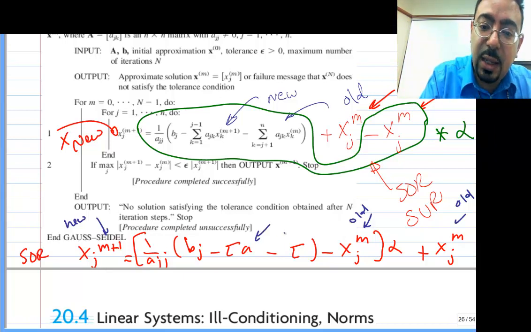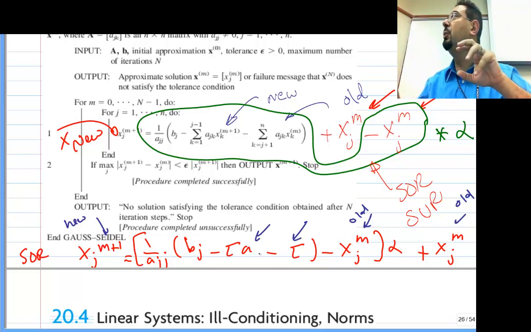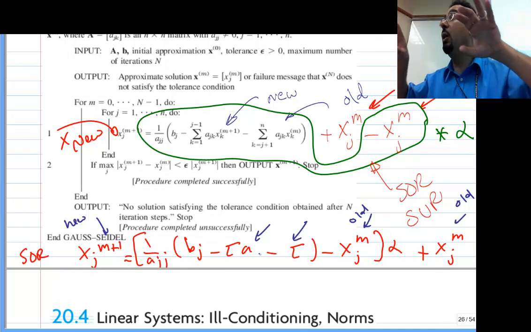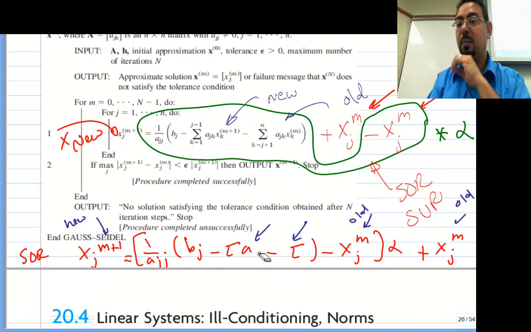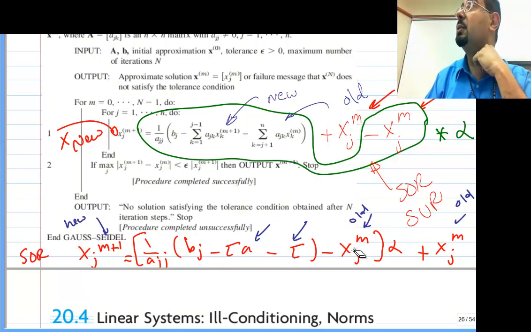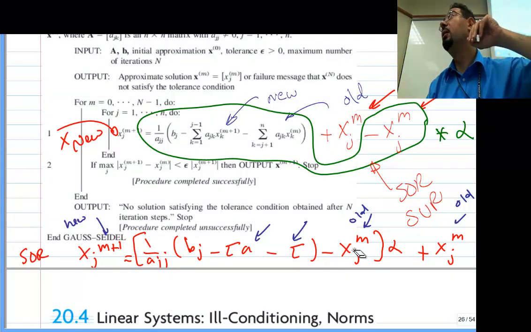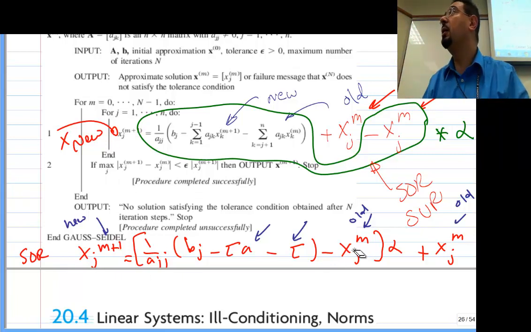It's those guys here that you have a choice between old or new. So are you asking in the SOR, do they use all the old ones or all the new mix? Right. This is my xj new, x5 new.